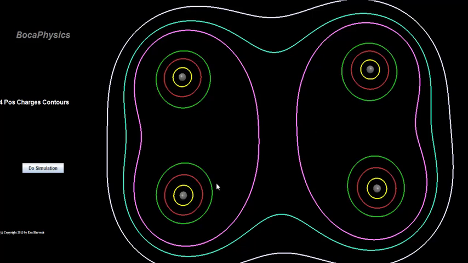As we investigate the behavior of contours that correspond to still smaller potentials, we see that they will now enclose 2 charges instead of just a single charge. And eventually, as we investigate still smaller potentials, those contours will enclose all 4 charges.